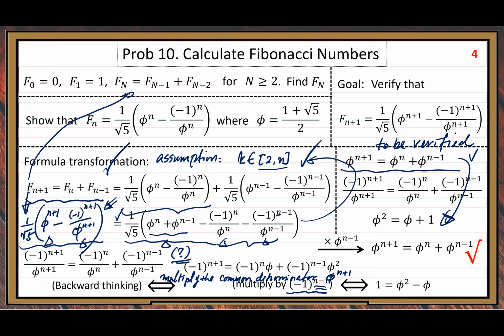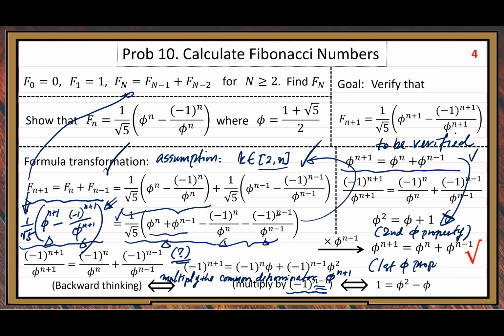Is this our first property? Here we use the second phi property, and here we use the first phi property.